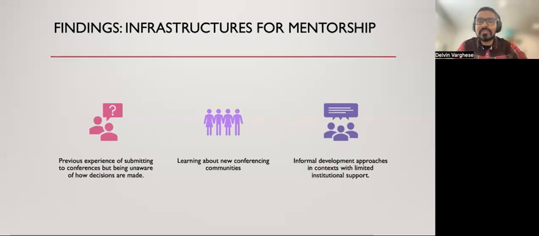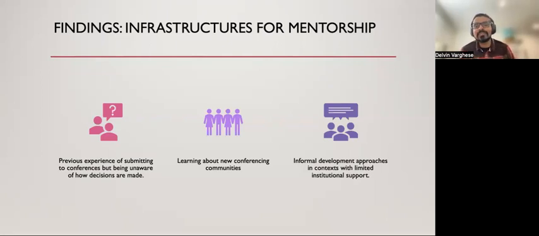One of the first findings for us was around the importance of infrastructures for mentorship for peers and seniors. So bridging the gap between not just providing mentorship in a local context with the line manager, but actually mentorship that happens across spaces through curated spaces like a shadow program committee.